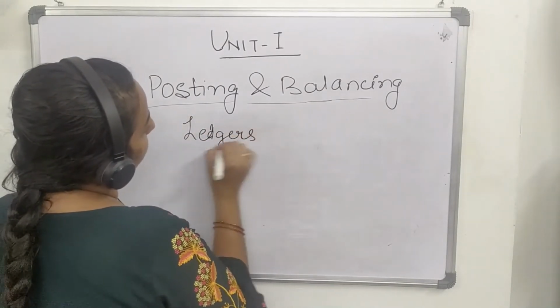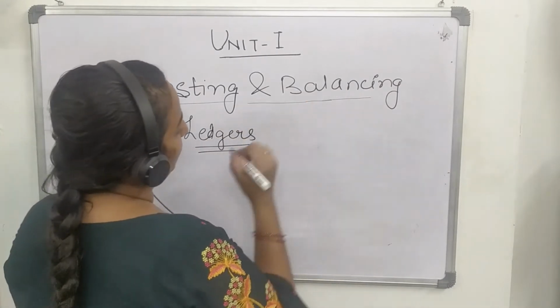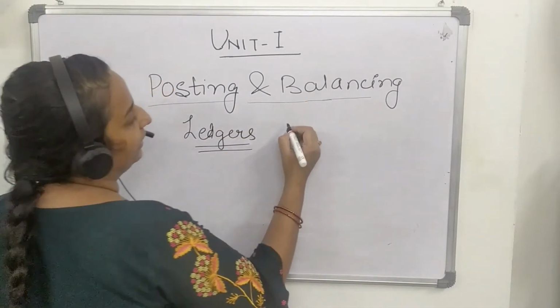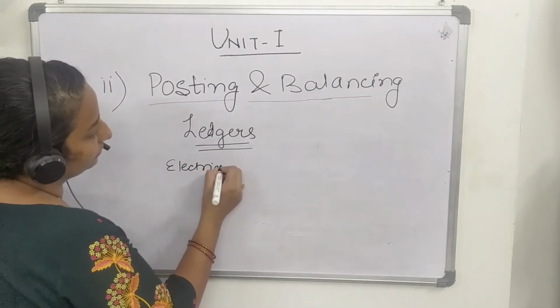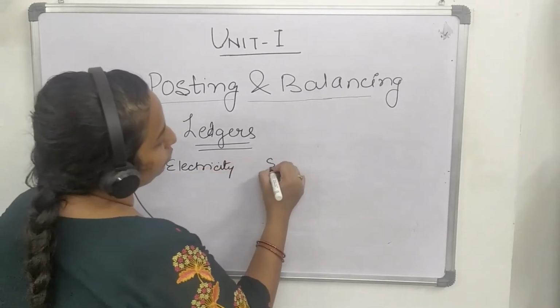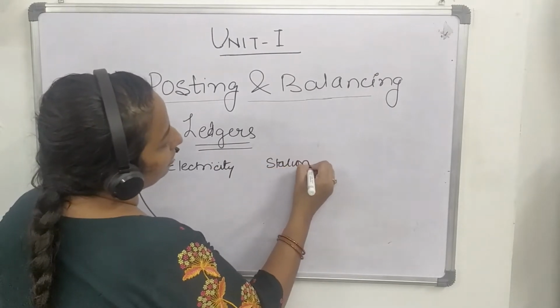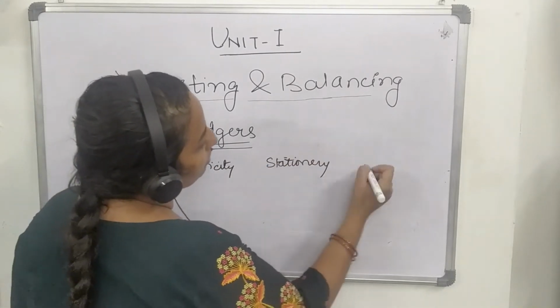In my previous example, I had expenses related to electricity, related to stationery, related to salary.